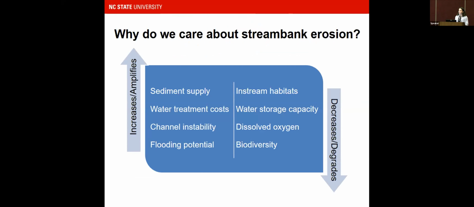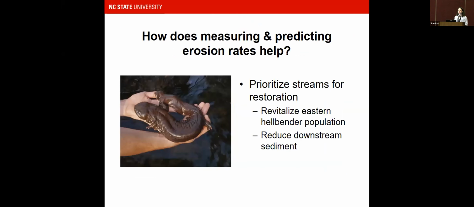Streambank erosion can be a significant source of in-stream sediment loads, contributing anywhere from 17 to 92%. So it's important to be able to measure and predict those erosion rates to help us prioritize streams for restoration efforts. A lot of times you want to identify the site that's going to have the greatest reduction in your downstream sediment.